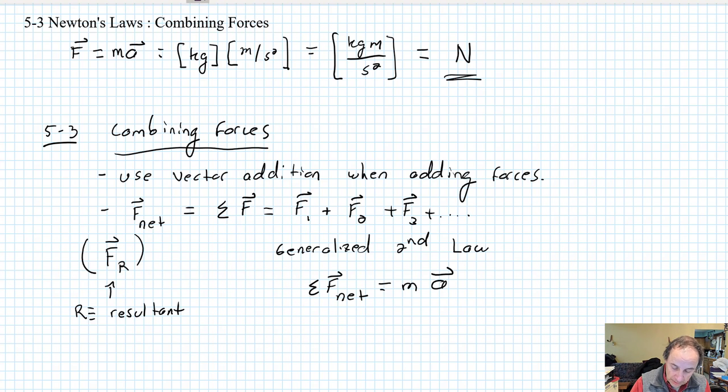Sorry, there shouldn't be a summation here. It's either F net or sum of the forces, because those are the same thing. Sum of the forces and F net equals mass times the acceleration vector.